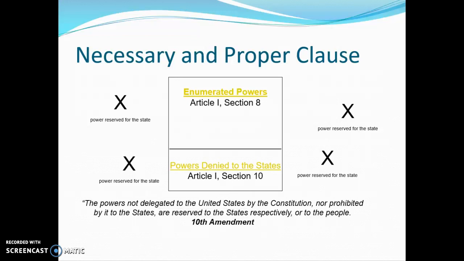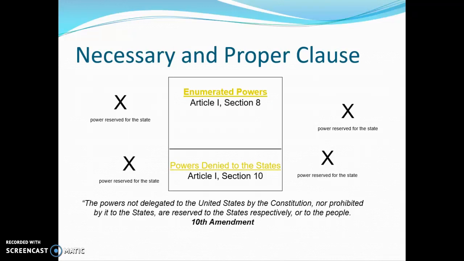That's how it was for 30 years. If you wanted to know whether or not the United States government had a power, you went to the box. And if it wasn't in that box, it was outside of the box, then it was a power for the state or a power for the people themselves. So, for instance, does the national government have the right to regulate same-sex marriage?